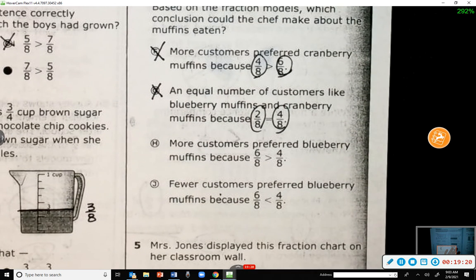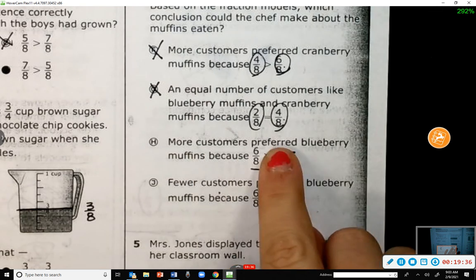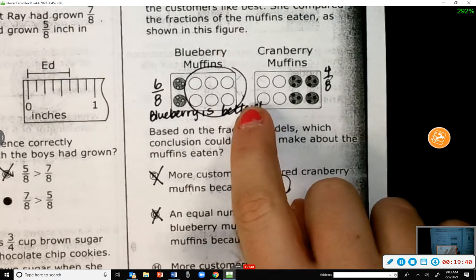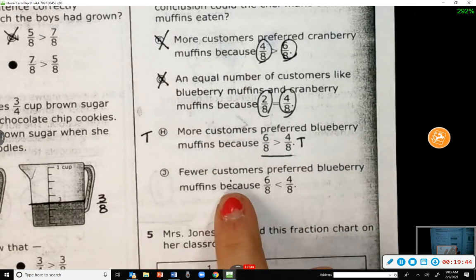More customers preferred blueberry muffins because 6/8 is greater than 4/8. True. Is 6/8 greater than 4/8? Yes. Okay, so that part's true. Do you think more customers preferred the blueberry muffins? Yes, we wrote that up here. Blueberry's better. So far, this one looks good.